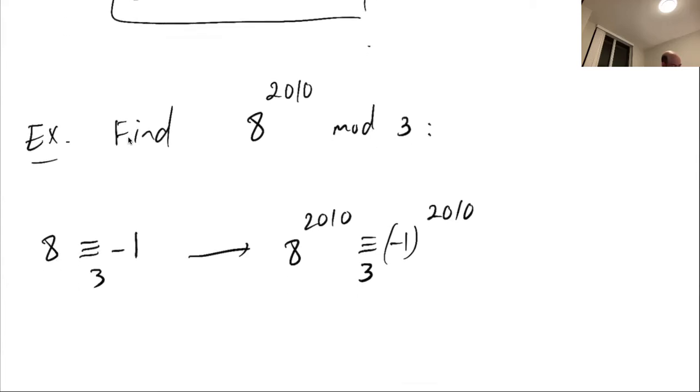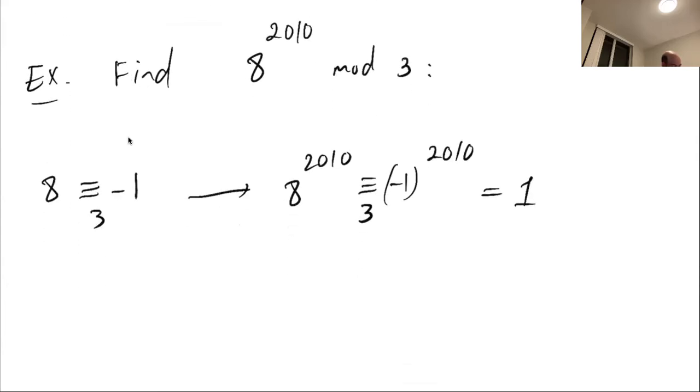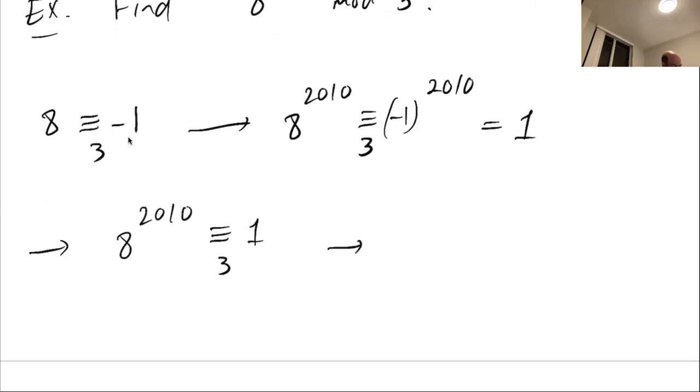And again, -1 to power 2010 is 1. So that means 8 to power 2010 is congruent to 1 mod 3, which means 8 to power 2010 mod 3 equals 1.